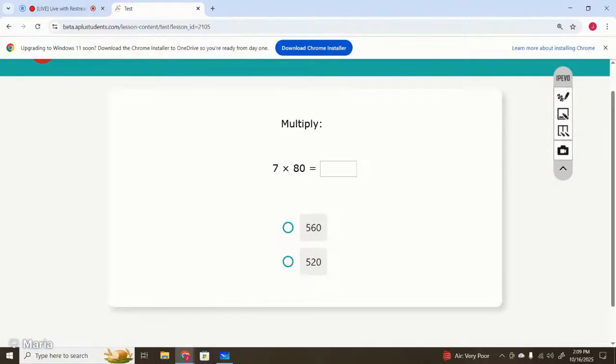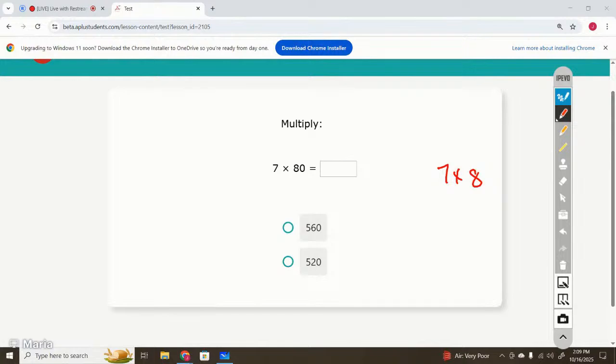7 times 80. 7 times 8 is 56. You already have a 0, so add a 0.